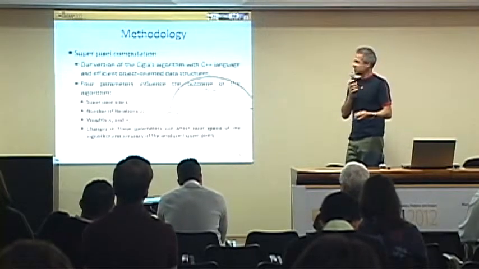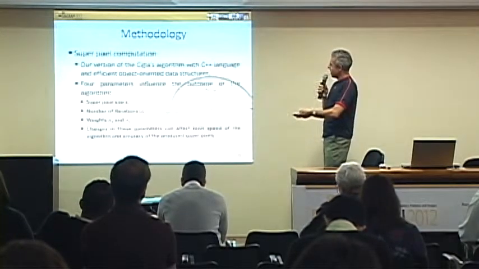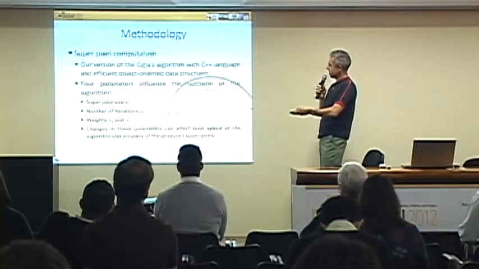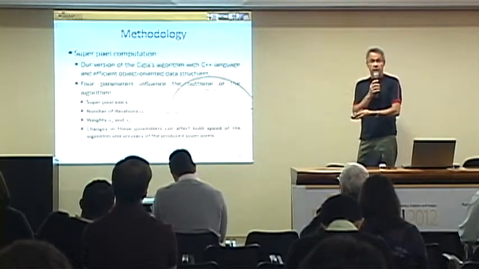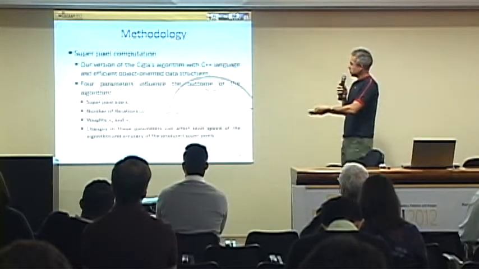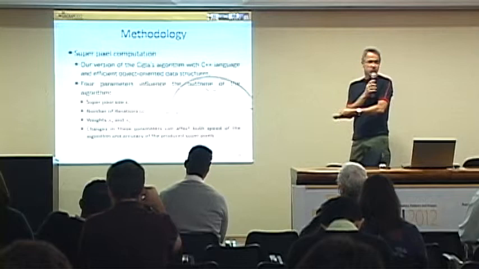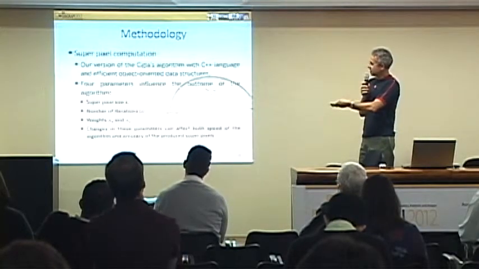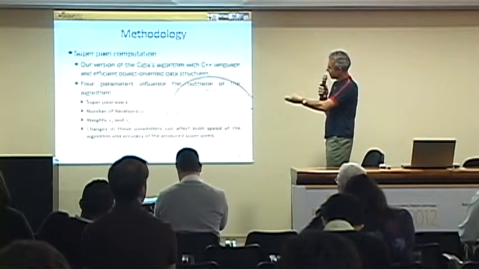That should always be answered. And for the superpixel computation, you have to consider the size of the superpixel, obviously. The number of iterations. Some of these things have already been sorted out. We've extended this work, and this has already been taken care of.